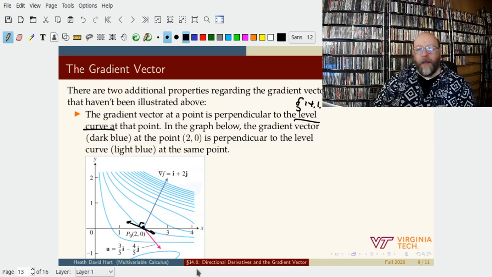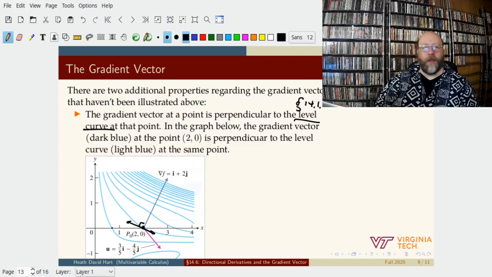That's sort of a surprising little piece of information, but it means that you can sketch the direction of a gradient vector immediately without knowing any of the details. If I want to find what the gradient vector looks like at this point here, well, the tangent line looks like this, and so the gradient vector has to look like that because it has to be perpendicular.